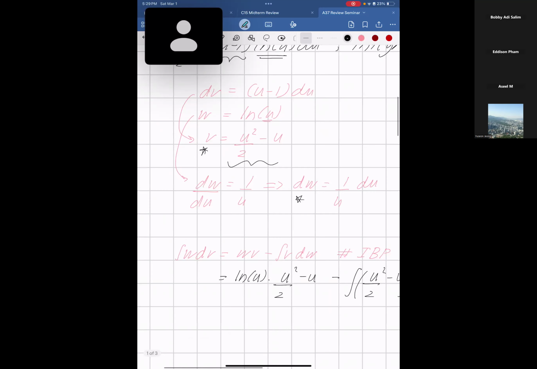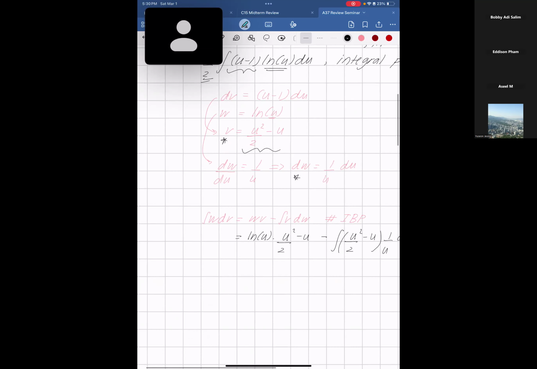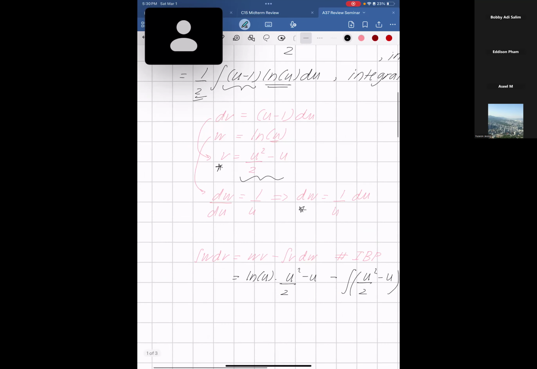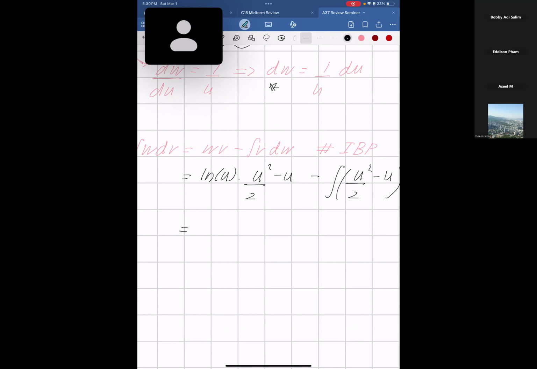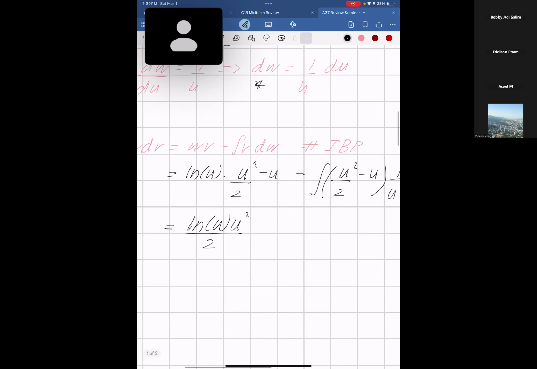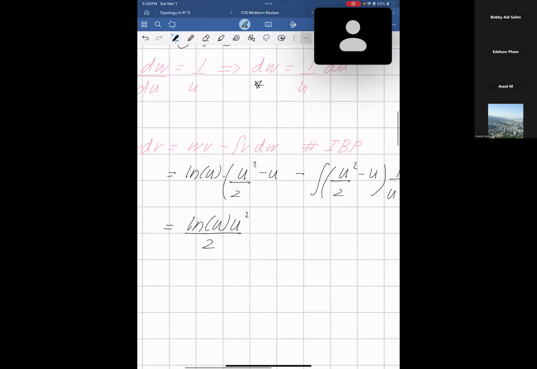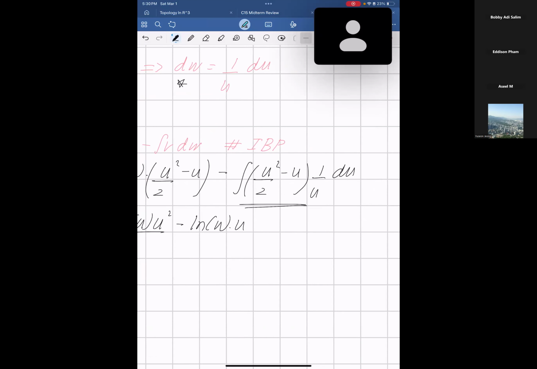I keep forgetting the 1 over 2, so I'm just going to add the 1 over 2 at the end because I haven't included it in my dv and w. Anyway, in this specific term you can cancel the u's, so you get minus the integral of u over 2 minus 1 du.